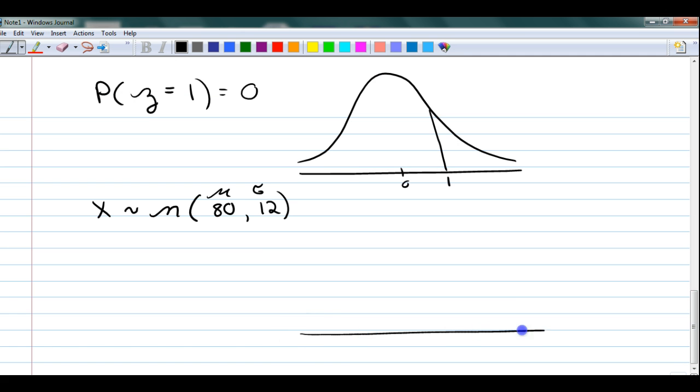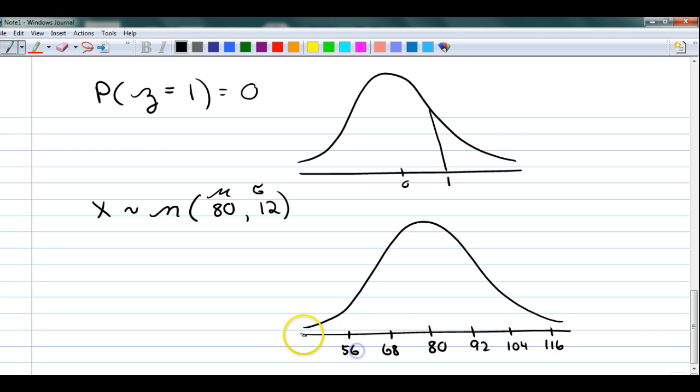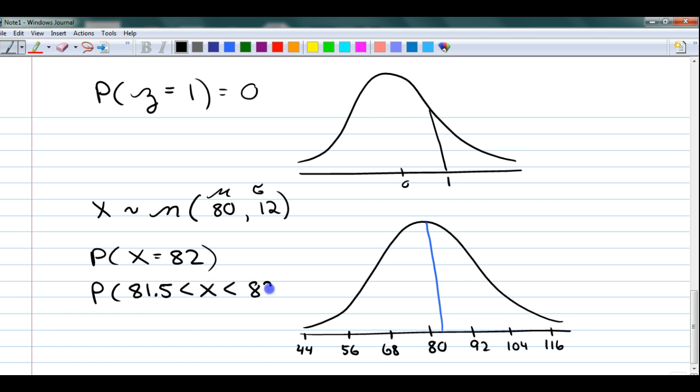When I draw that curve, now if I want to know the probability that x equals 82, if x is a discrete random variable and I'm approximating with the normal curve, I could say this would be like the probability x was between 81.5 and 82.5.